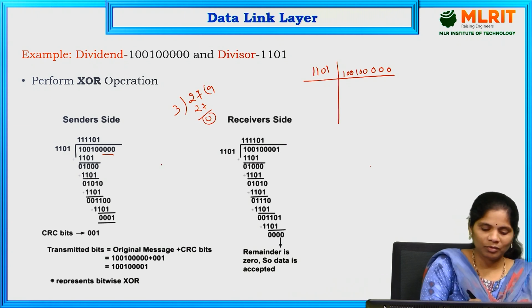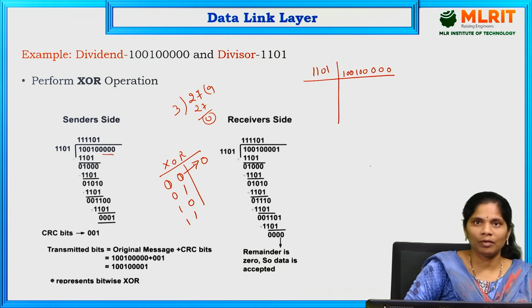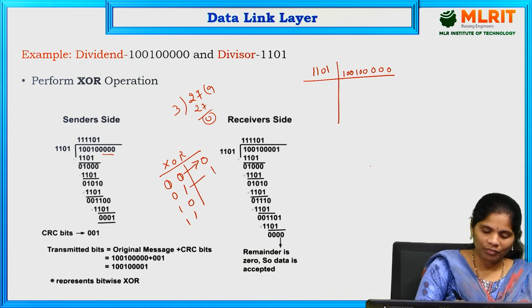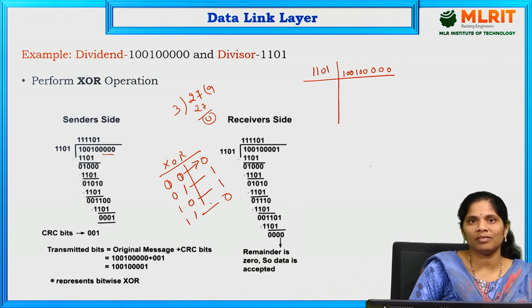What does the XOR operation do here? If the bits are 0 0, we append 0; 1 1 gives 0; if it is 0 1, that is 1; if it is 1 0, that is 1; if it is 1 1, that is 0. This is the XOR condition, and based on that we are performing this.